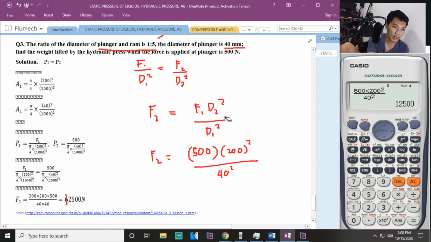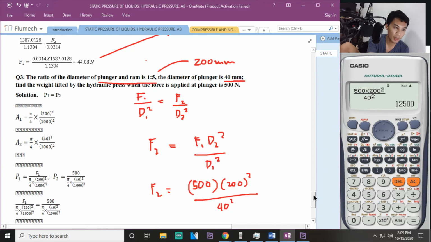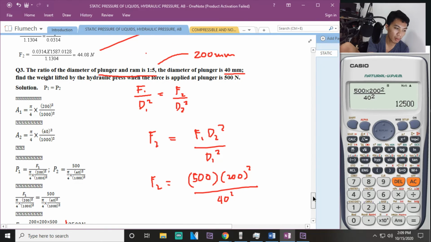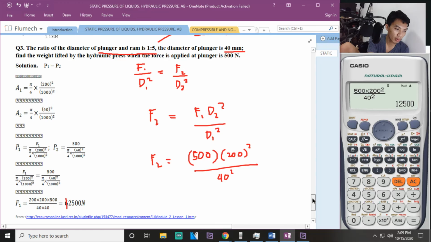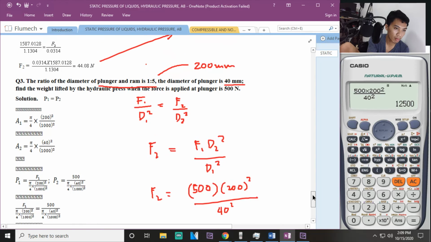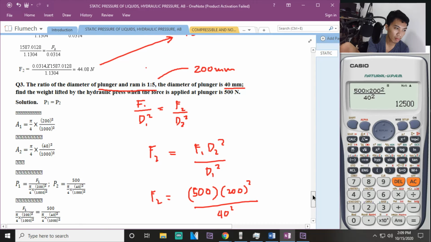So, tama naman. D2 is 200 squared. Anong mali ko dyan? 1:5 nga eh. 5 times 40 is 200. Tama naman. 500 sa plunger eh.